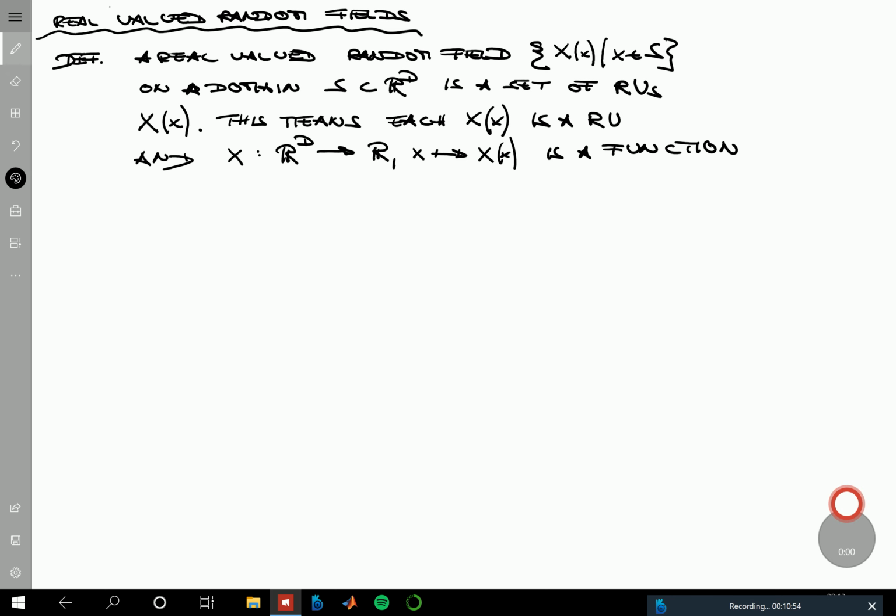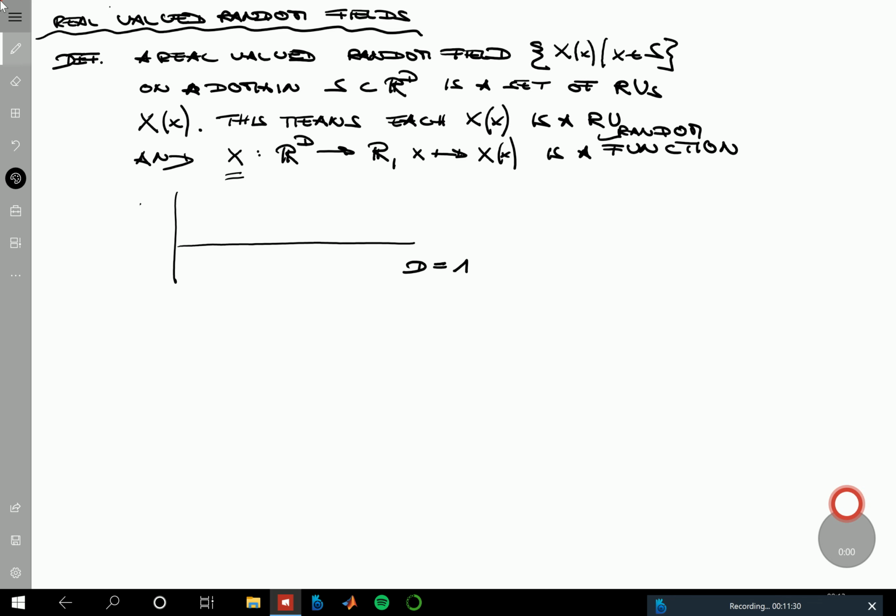So what this should capture is, again, if our D is 1, so if we are in the one-dimensional case, then our random field can be viewed, and this is the important thing, in two ways. You can view this as a function, as a random function. So you can view this big X as mapping each small x to a value X(x).